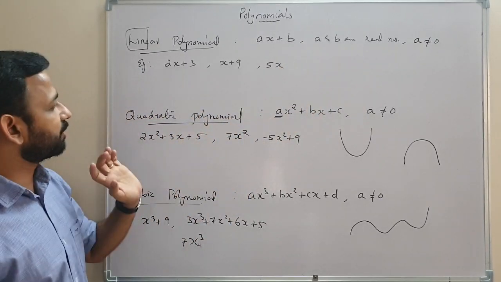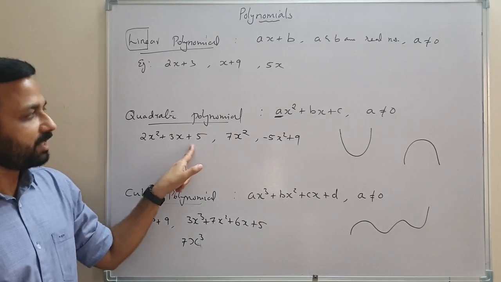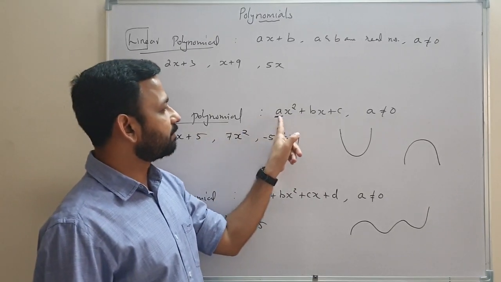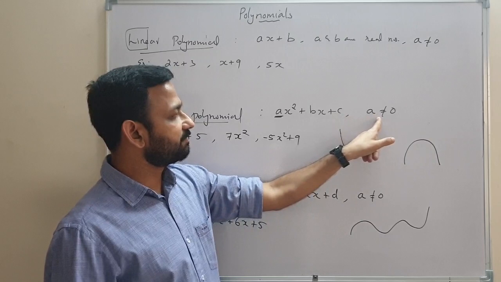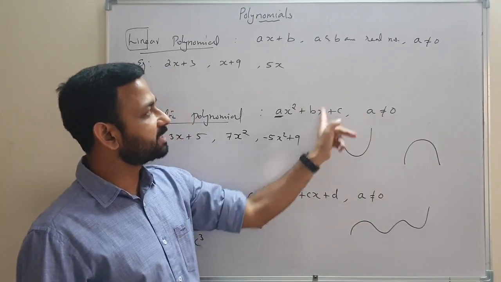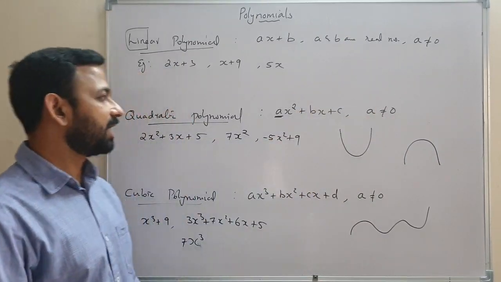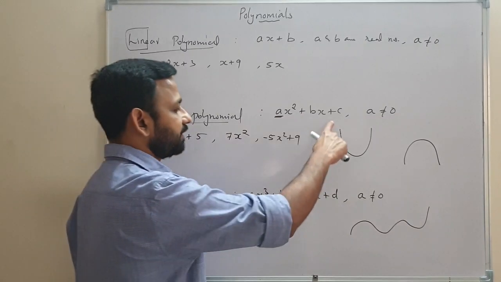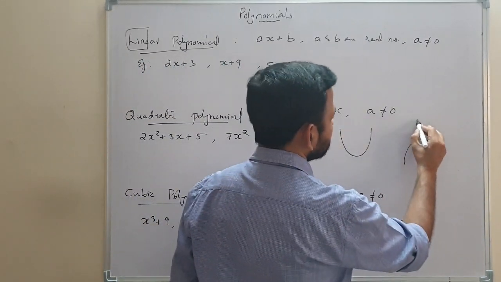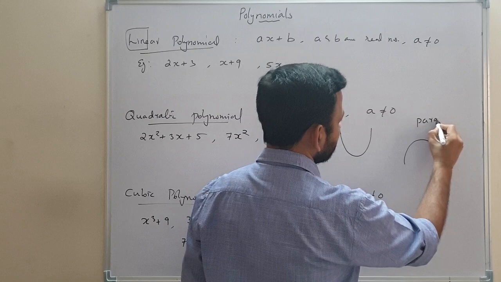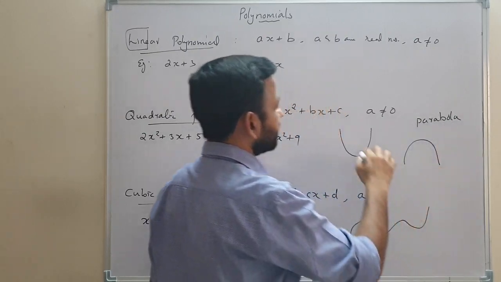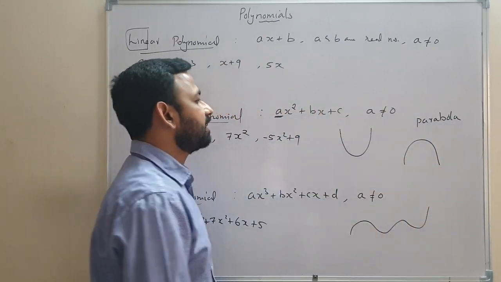Then quadratic polynomial, second degree polynomial in one variable, standard form ax square plus bx plus c, where a not equal to 0, a, b, c are real numbers. And when we draw the graph, we get a parabola.